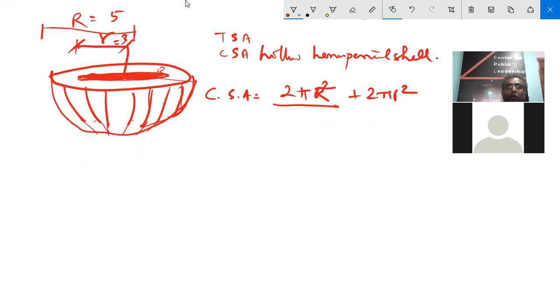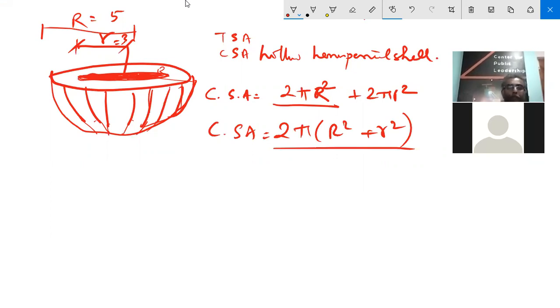Now, 2 pi R squared plus r squared, that is the formula for the CSA of a hollow hemisphere. Correct or not? Okay.